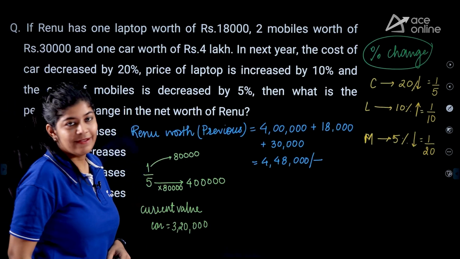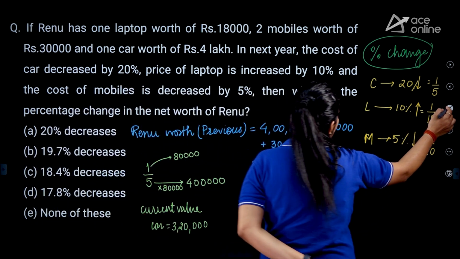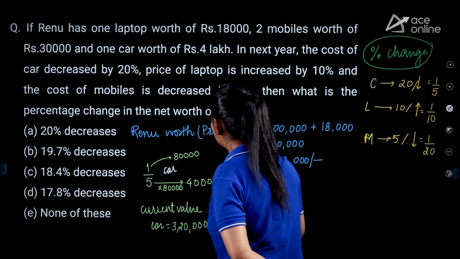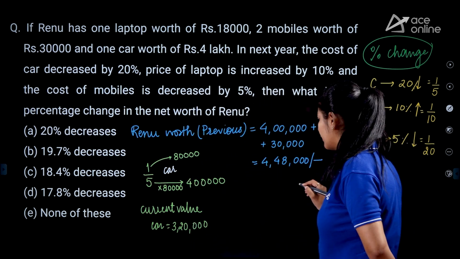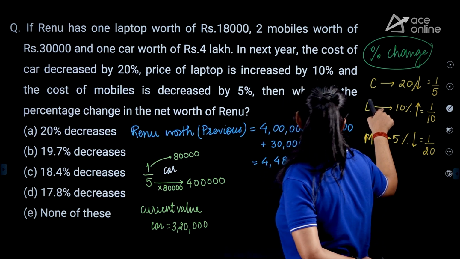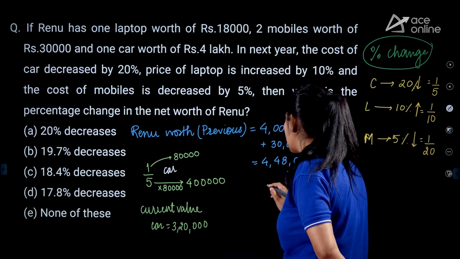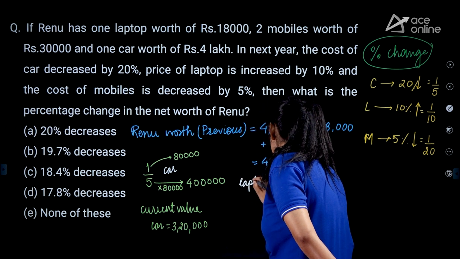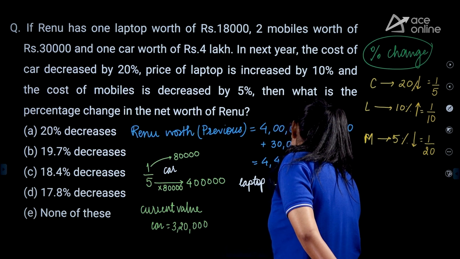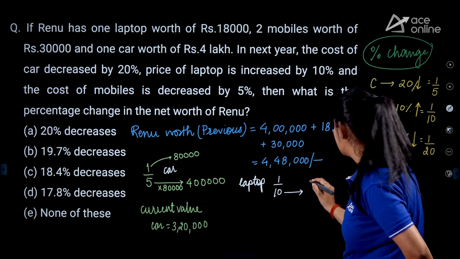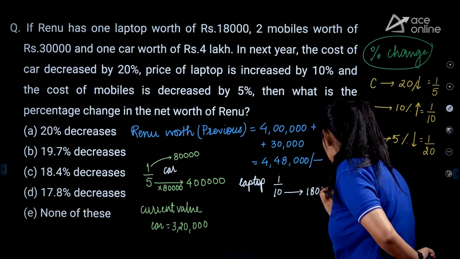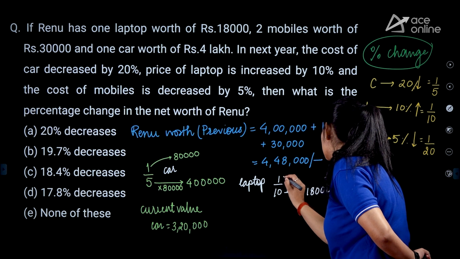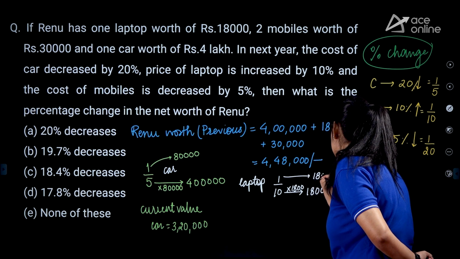In the next one, we are having the laptop. This is for the car, and now we are going to solve the value for the laptop. So the laptop is increased by 1 by 10. The initial value is 18,000. That means it is present on the multiple of 1800, so the value of this one is also 1800.